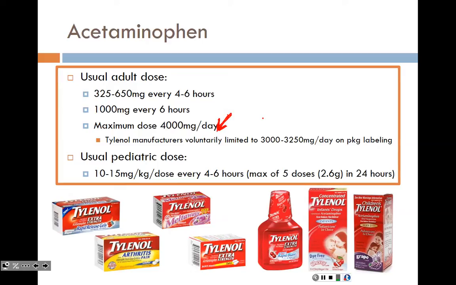So acetaminophen, which is in your Tylenol family of products, if you look at clinical literature, like Micromedex or Lexicomp, which are drug databases, it'll say you can't give more than 4 grams a day. However, because of the risks associated with overdose, the manufacturer actually elected to label their products with a max of 3 grams a day, depending on which product you buy. It's 3 to 3,250.